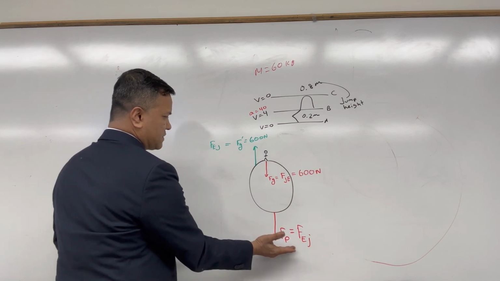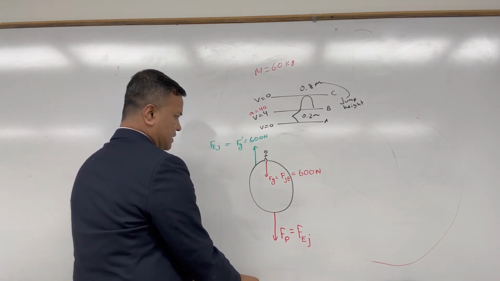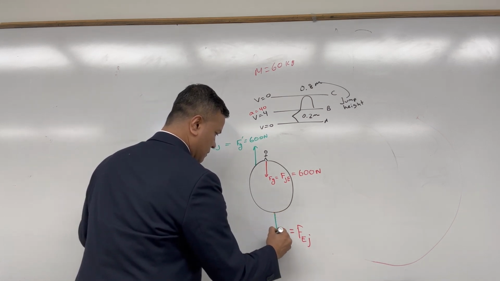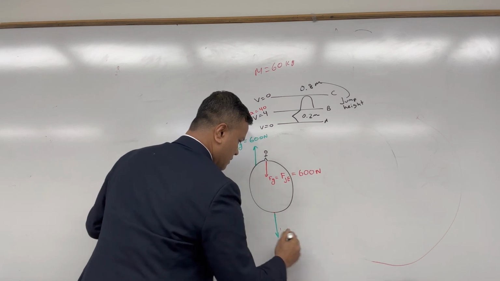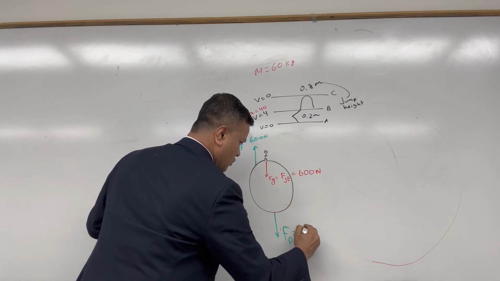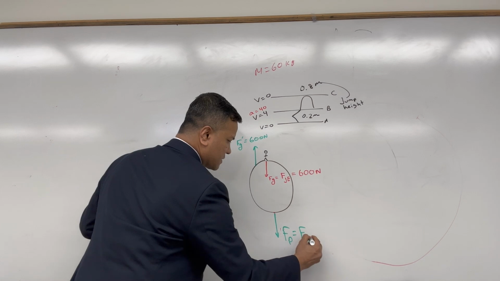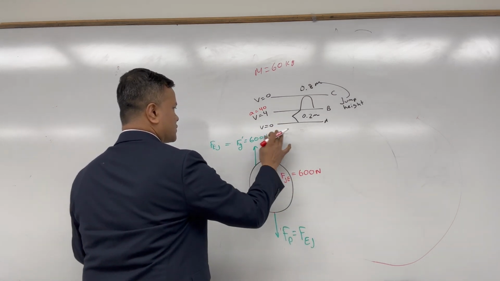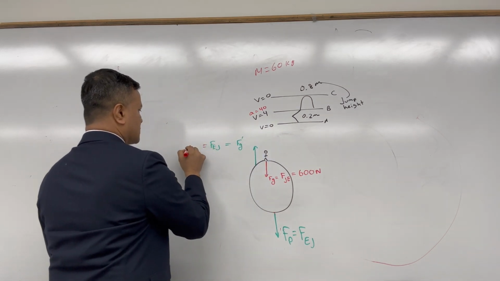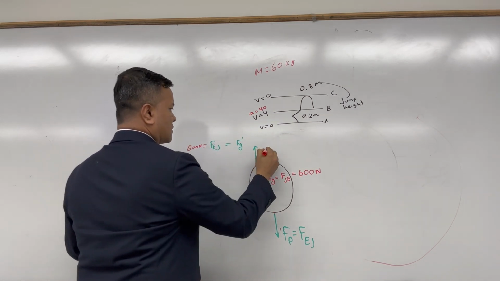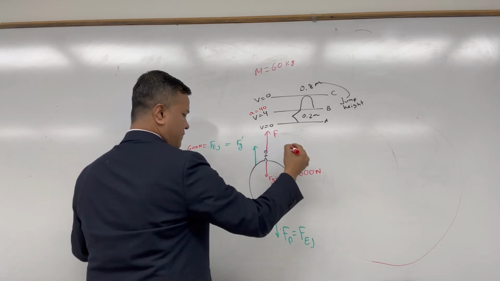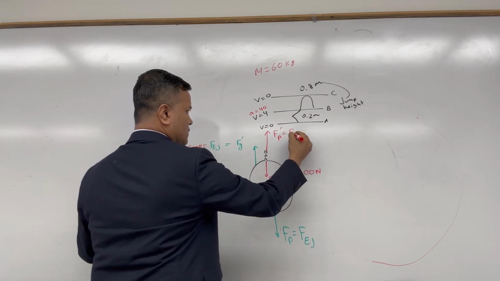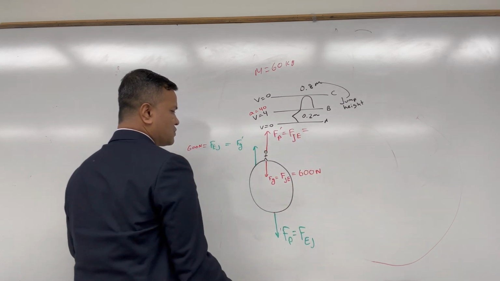This is acting on Earth, and this is acting on Earth, so I'm going to use the green. Force on Earth by Josh, and this is acting on Josh. This is 600 Newtons. This is Fp prime, force on Josh by Earth, by Newton's third law.